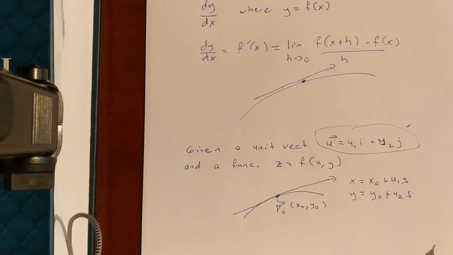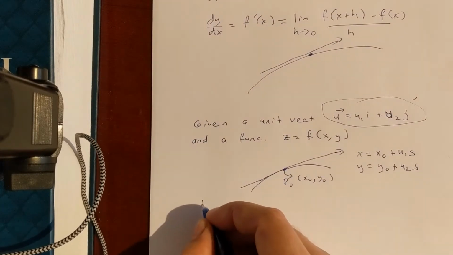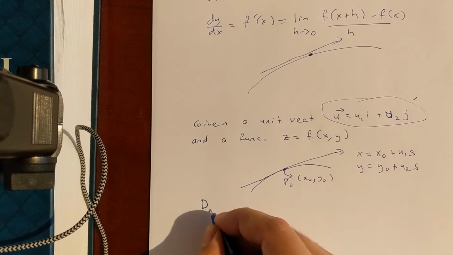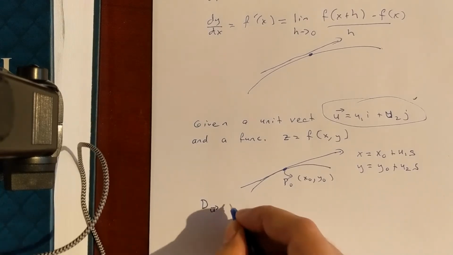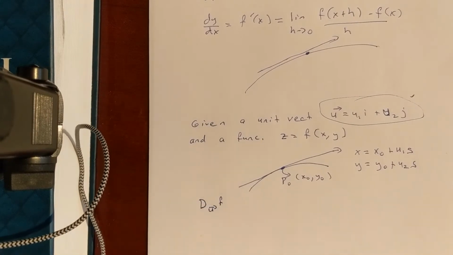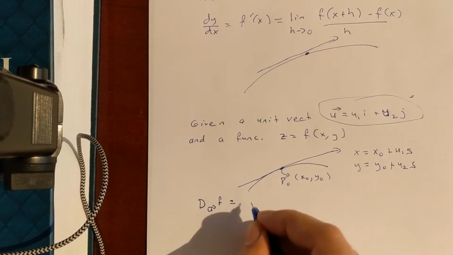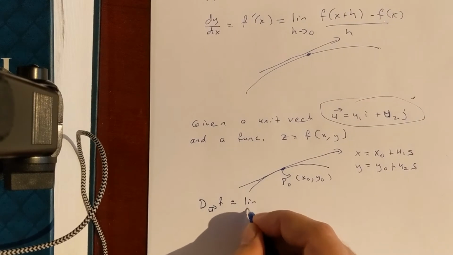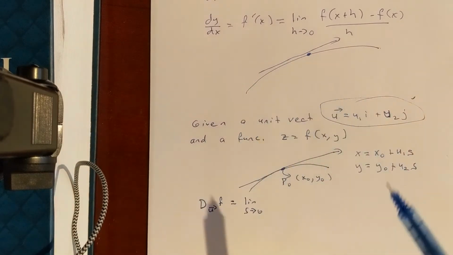So what can I do to write down the derivative? We're going to write a big D, in the direction of the vector u, of f. It's going to be the limit as s goes to 0. s is like my h here, it's going to go to 0.